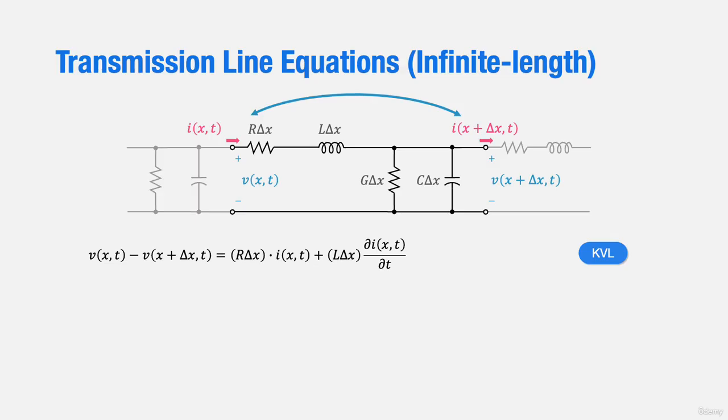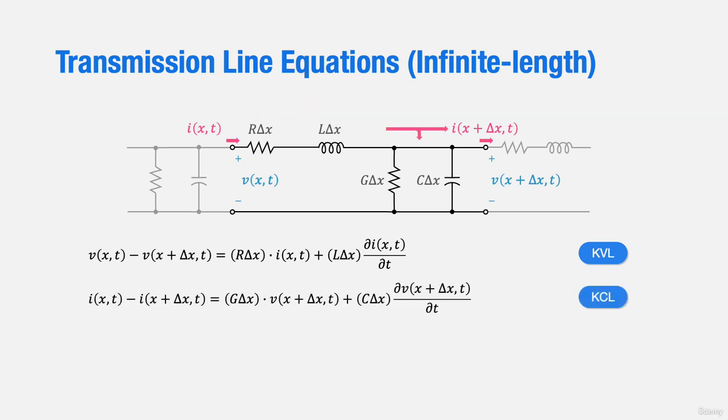This is precisely what the first equation on the slide describes, which uses a partial derivative with respect to time t. This is because at position x, the voltage of the inductor and the flowing current are only related to time. Let's examine the second equation.